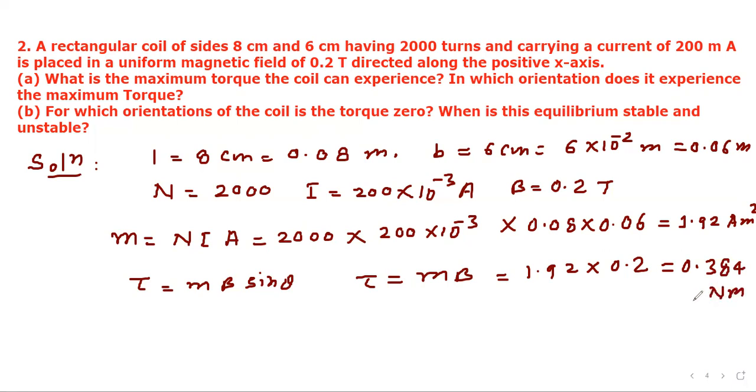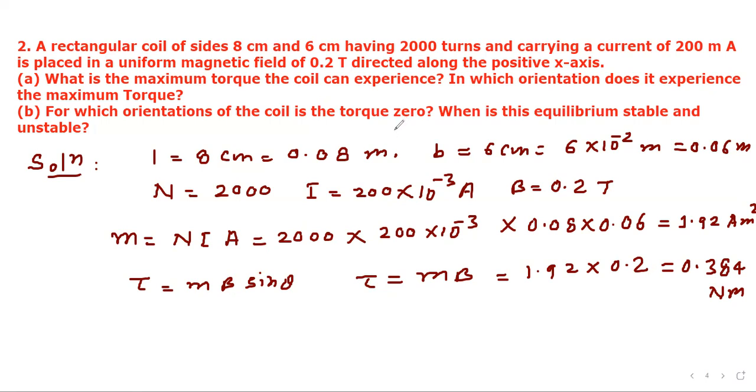Now, the next point is, for which orientations of the coil is the torque 0, and when is this equilibrium stable and unstable? As I told you, stable equilibrium means theta equal to 0 degree, unstable equilibrium means theta equal to 180 degree, and torque will be 0 when theta equal to 0.